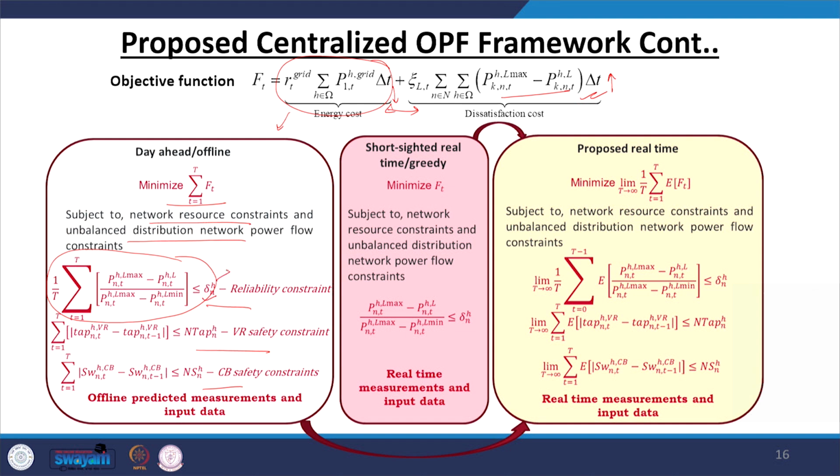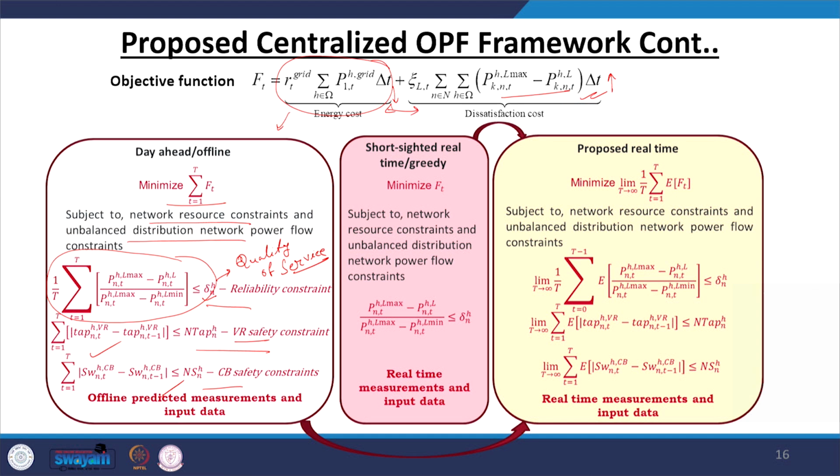That is your quality of service, and that quality of service has to be maintained all the time. Then there are your voltage regulator safety constraint and your capacitor bank safety constraint.